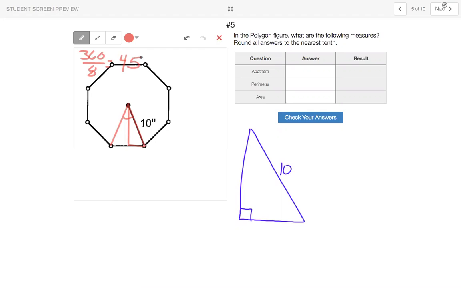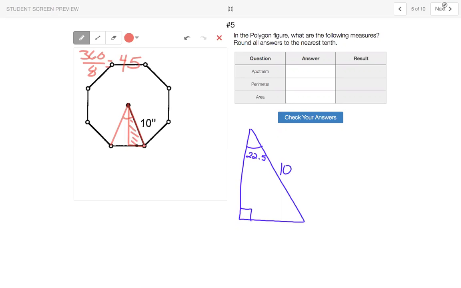But again, I want to focus on the one on the right. So that's half of 45, which is 22.5 degrees. So the triangle we're working with has a 90-degree angle and a 22.5 degree angle, and the hypotenuse is equal to 10.